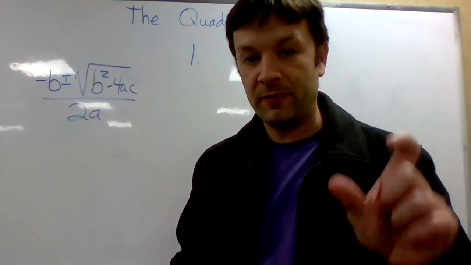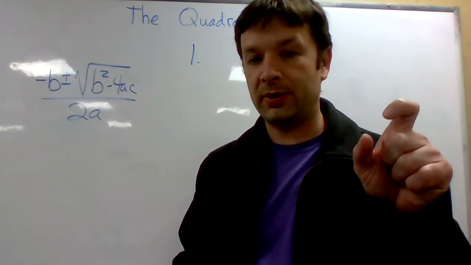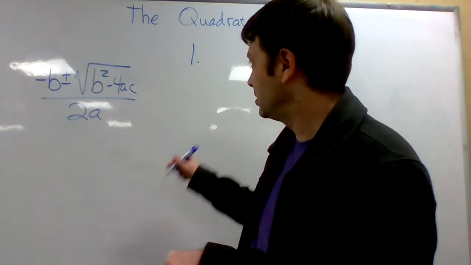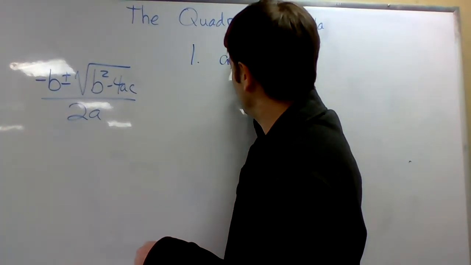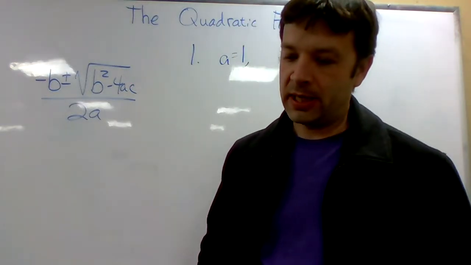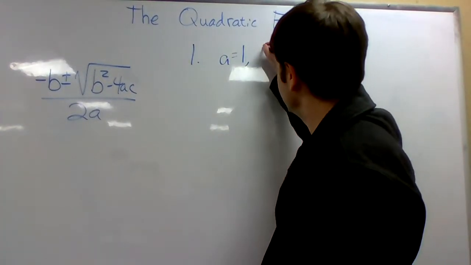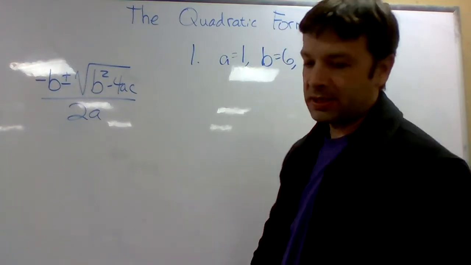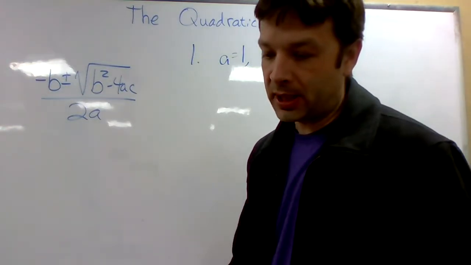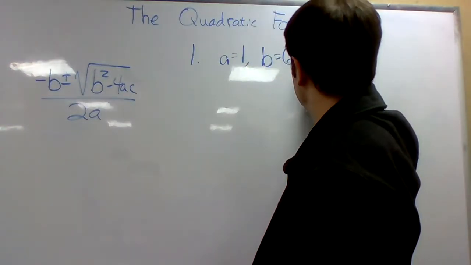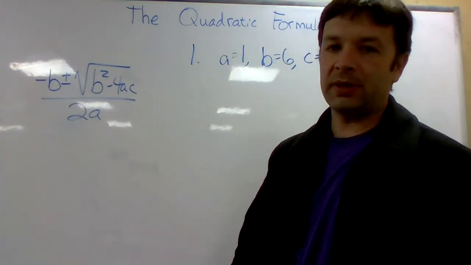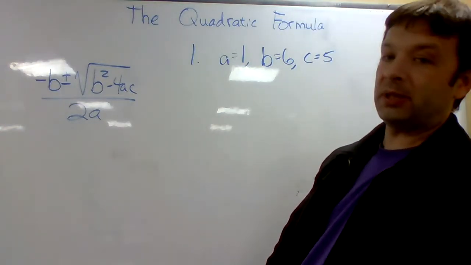If there's no number in front of x squared, what number is in front of it? 1. So A is 1. B is the number in front of the x, and I see a 6. C is the constant, and I see a 5. Okay, so that's number 1. Easy peasy. Got it?